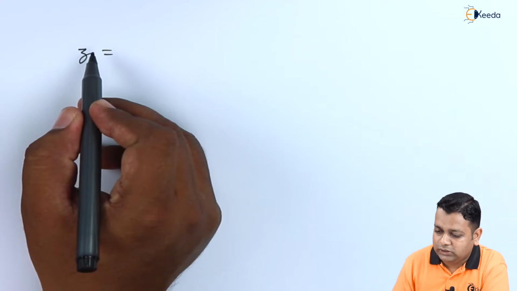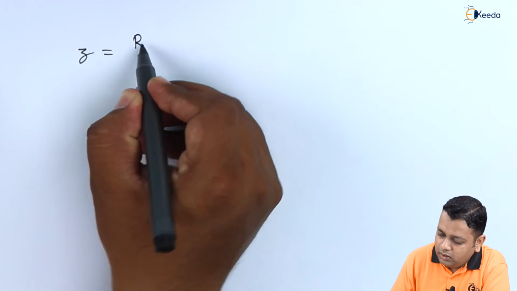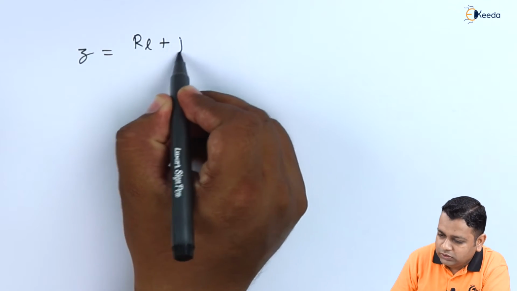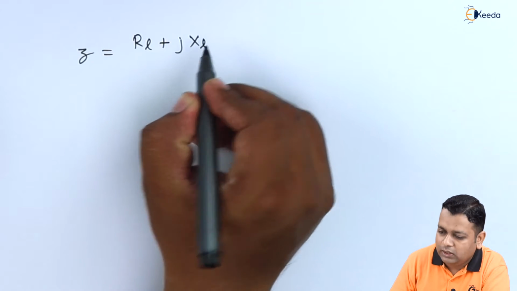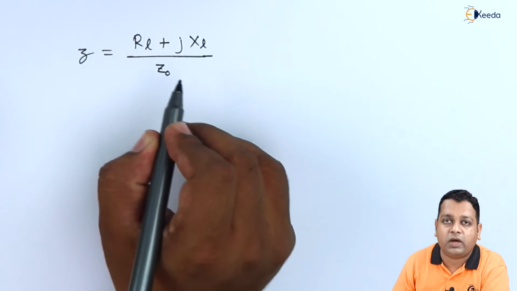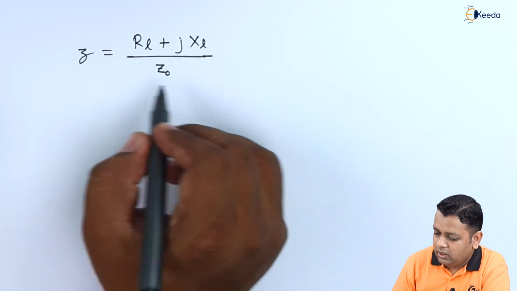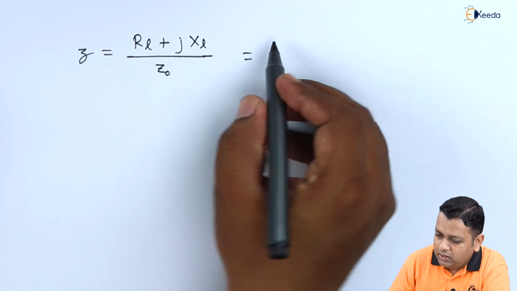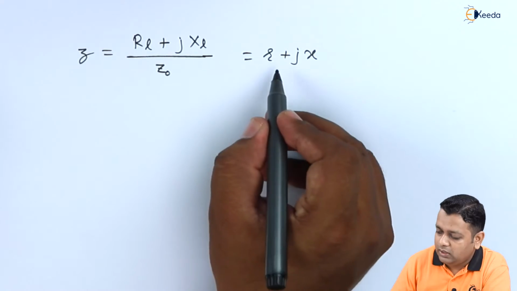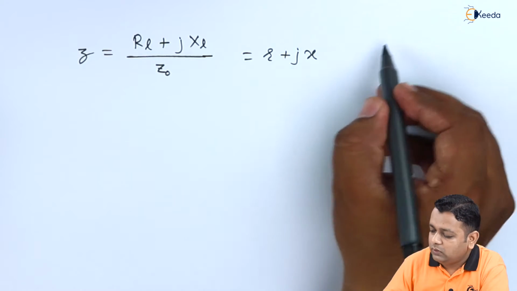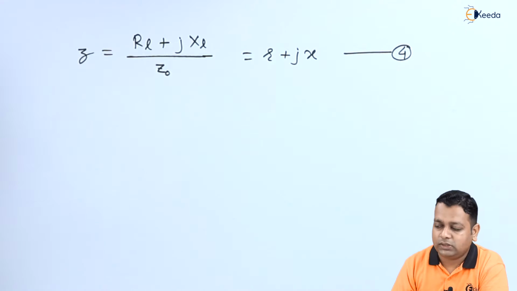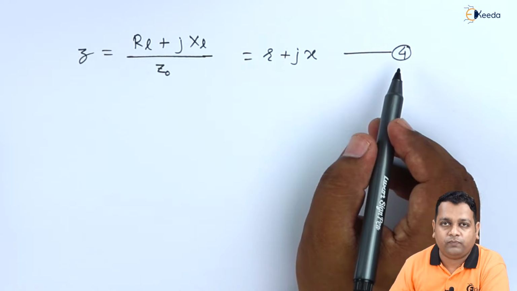So we express small z is equal to capital R suffix L added with j times X suffix L, divided by Z suffix 0, the characteristic impedance. This can be regarded as small r added with j times small x, the real and imaginary parts. Let this be the representation of normalized impedance by equation number 4.